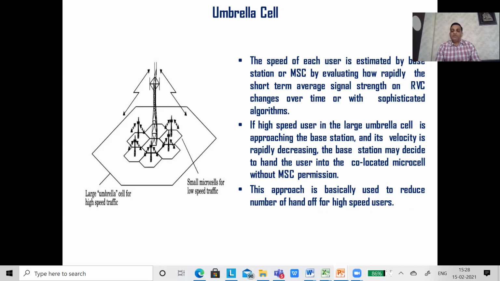This approach is basically used to reduce the number of handoffs for high-speed users. We will see handoff operations after this number of slides. We'll come across the different types of handoffs, why they are required, and how handoff operation is going to be performed. So this is the umbrella cell approach.